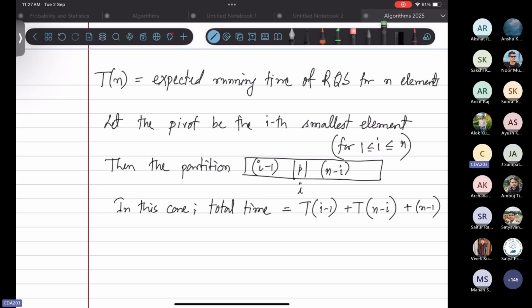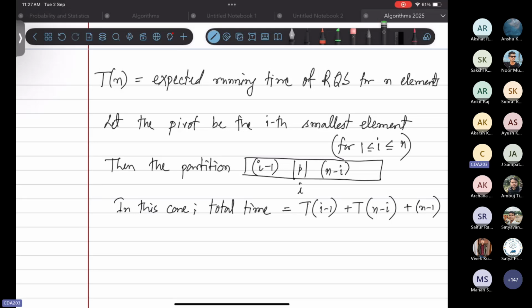If you have any doubt, you can think of this as O of n. That's also okay. This is for the case when we have taken the ith smallest element as my pivot in the first round of iteration.